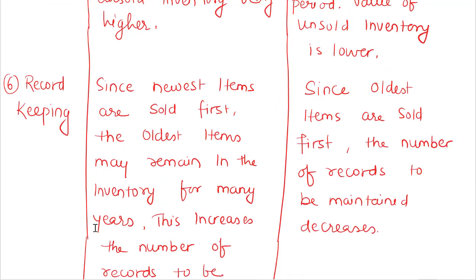This was point number 6. Point number 7, fluctuations. Write in LIFO first.